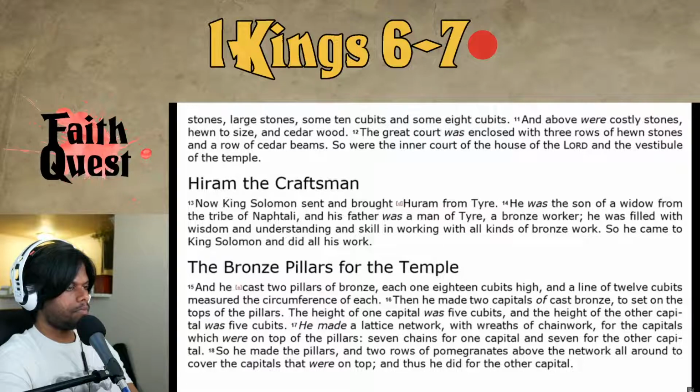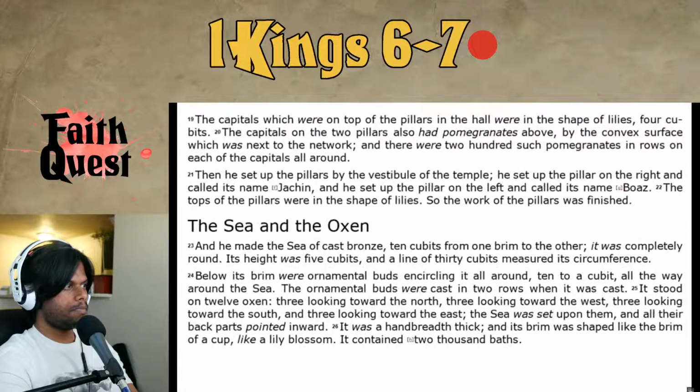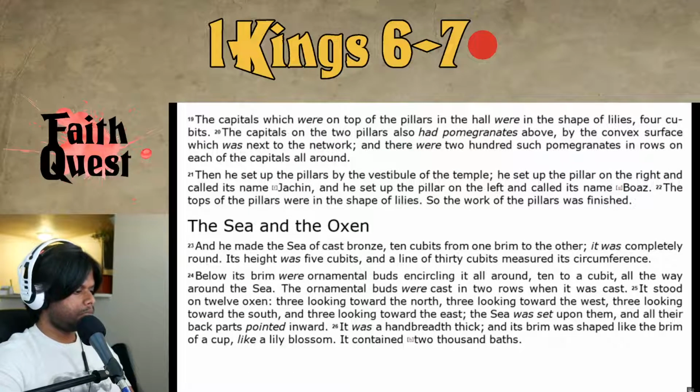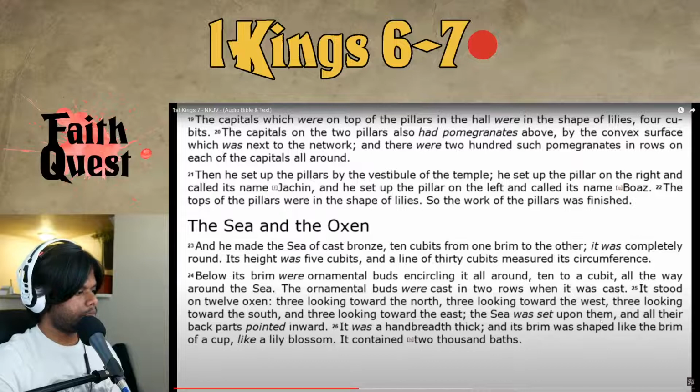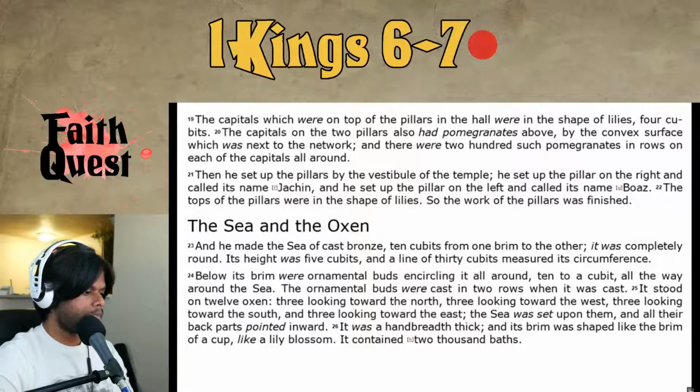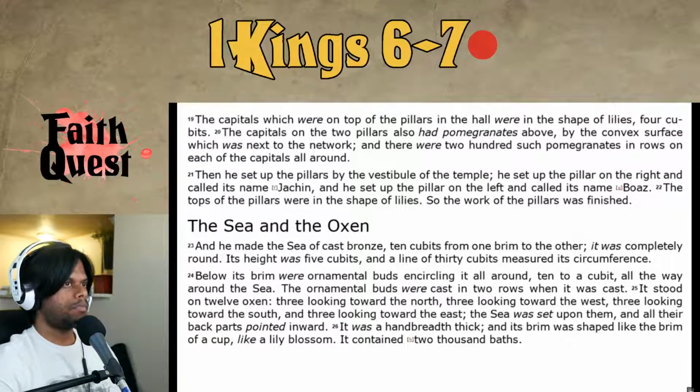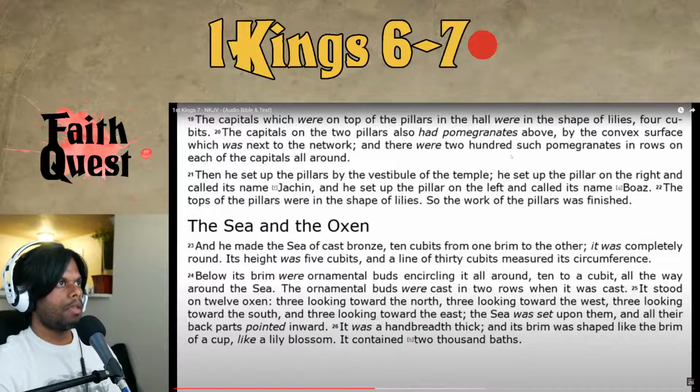And thus he did for the other capital. The capitals, which were on top of the pillars in the hall, were in the shape of lilies, 4 cubits. The capitals on the 2 pillars also had pomegranates above, by the convex surface which was next to the network. And there were 200 such pomegranates in rows on each of the capitals all around. Then he set up the pillars by the vestibule.